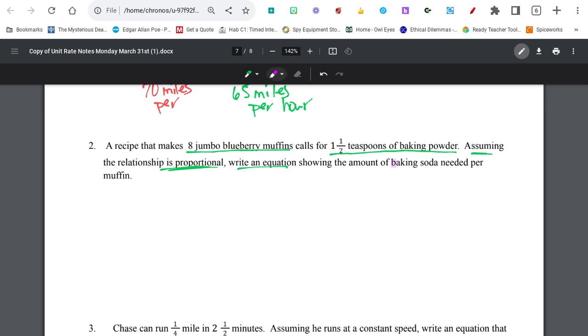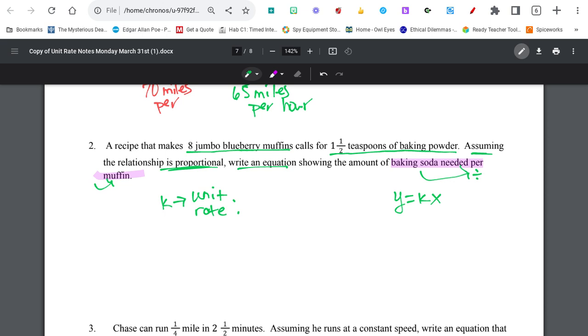So I have a rate statement. Baking soda per muffin. So I can follow this. I can take the baking soda and divide it by the muffins. Okay. All right. So that's going to help me find my unit rate because I need a unit rate to write an equation. My unit rate is k. Okay.